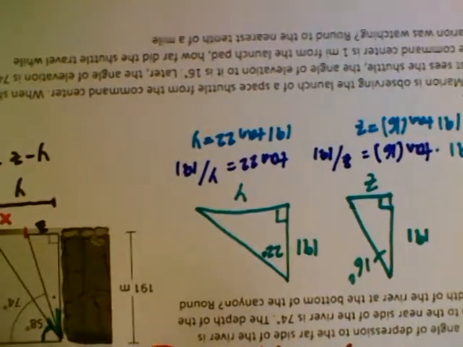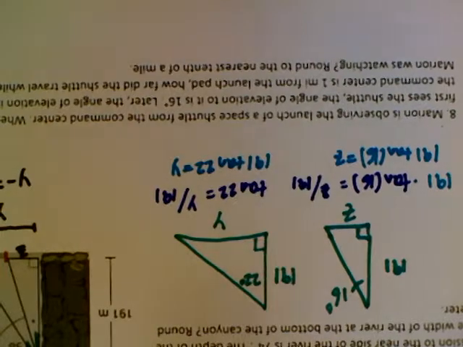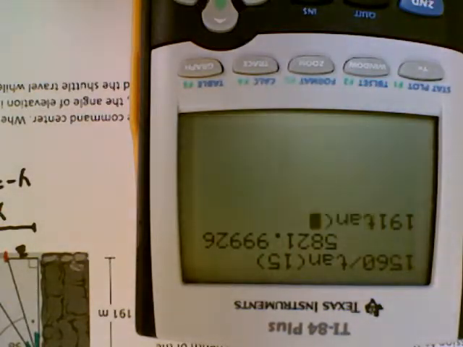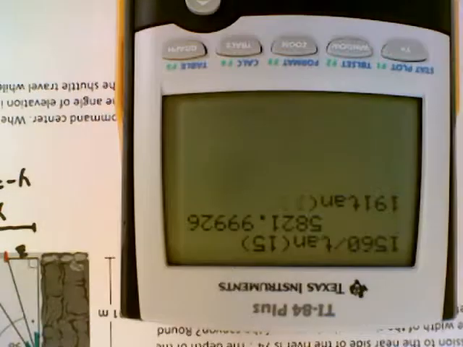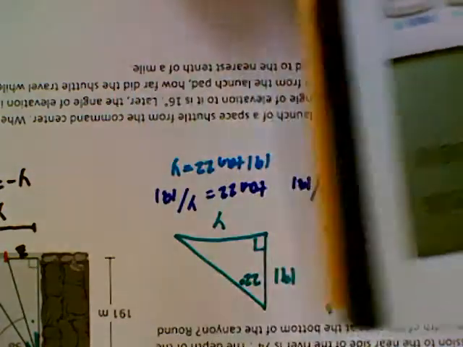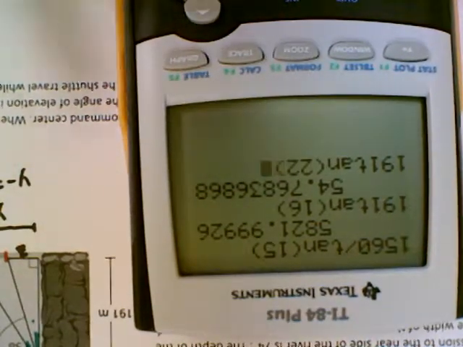I realize I should move this over a little bit so that you can see what I did. When I go to solve this out on my calculator, 191 tan of 16, and then 191 tan of 22.